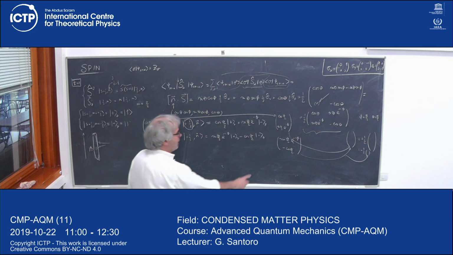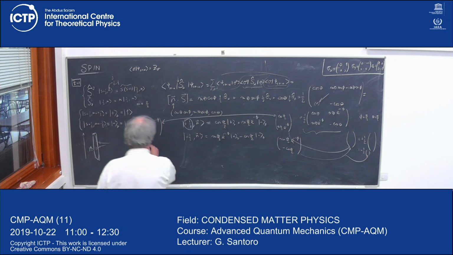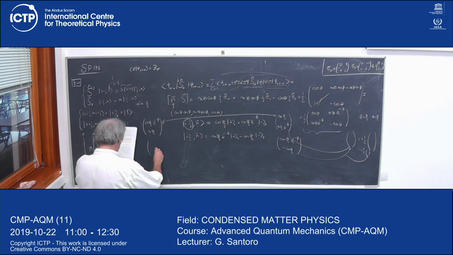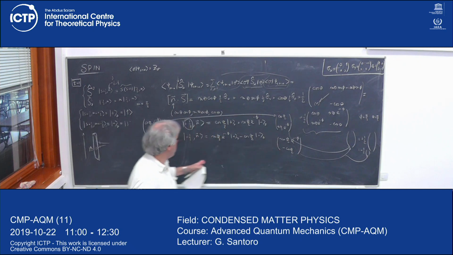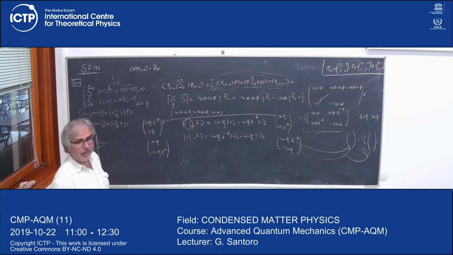And equally well, instead of this, you might consider the following state: sine theta over 2 and minus cosine theta over 2 e to the I phi. What did I do to get from here to here? Just multiply by e to the I phi.